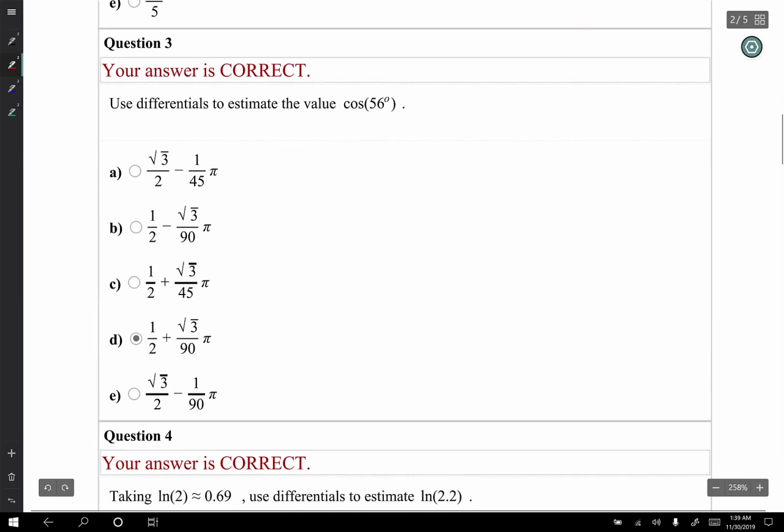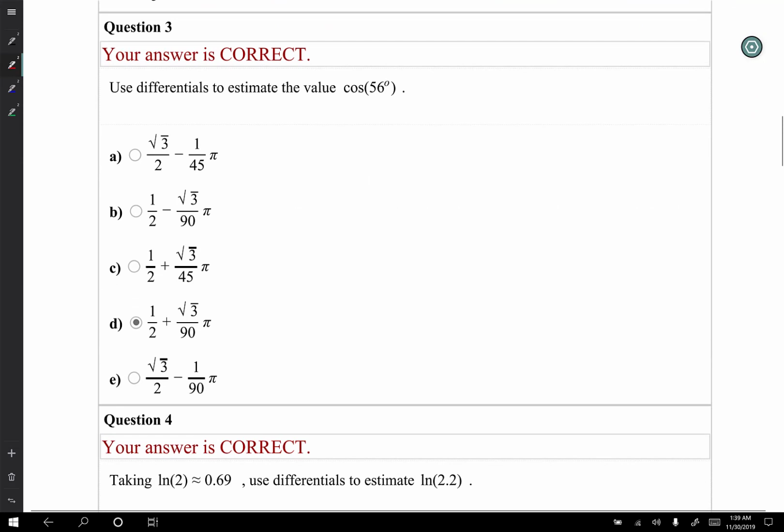All right, use differentials to estimate the value of cosine 56 degrees. I don't like that they use degrees, but that's fine. We're going to have to compensate for that. So we're going to use something that's really close to this, like 60 degrees. I'm going to find a tangent line, so I have to use a model.